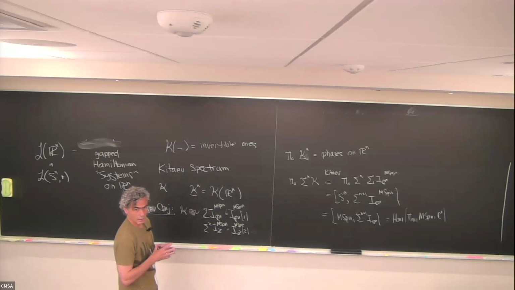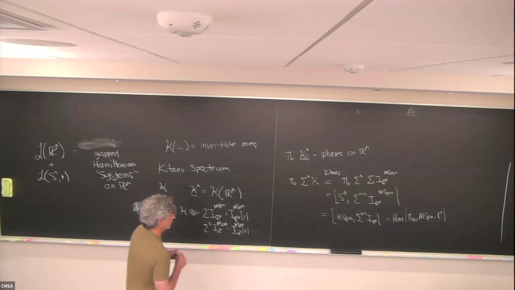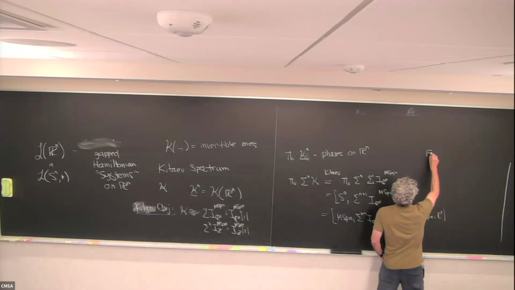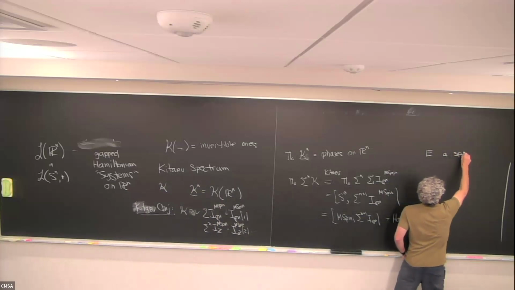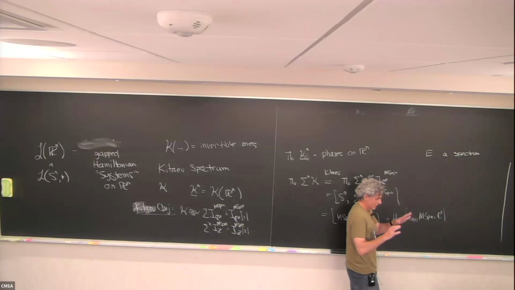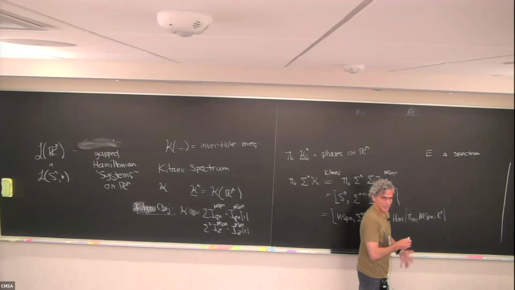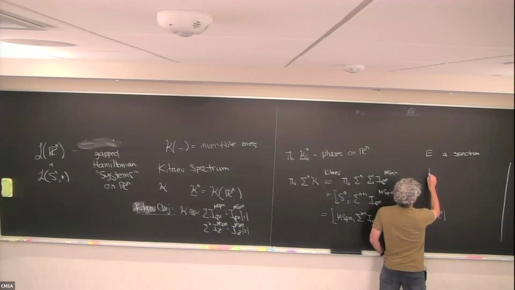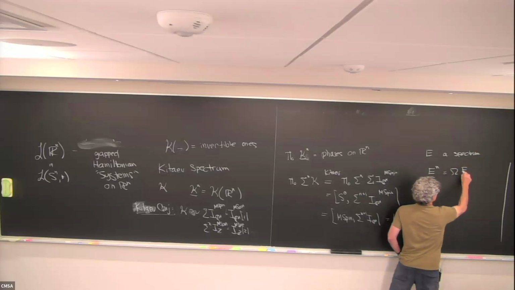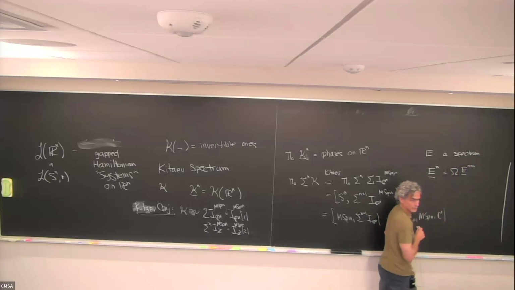So do you mean n suspension of K0 or just the full? All right, so I'm using this funny notation. If I have a spectrum E, by that I mean a bunch of spaces, and each one is the loop space of the next. So it consists of spaces E underline upper N, and that's the loop space of E underline upper N plus 1.